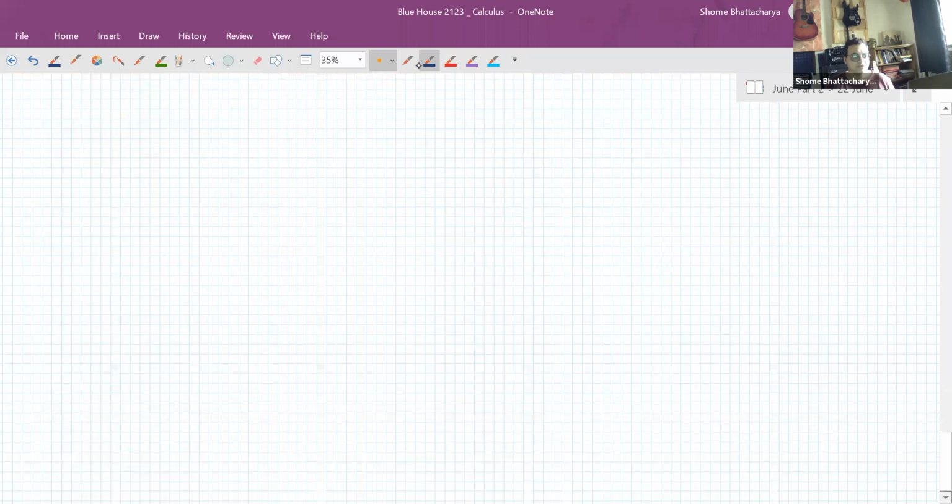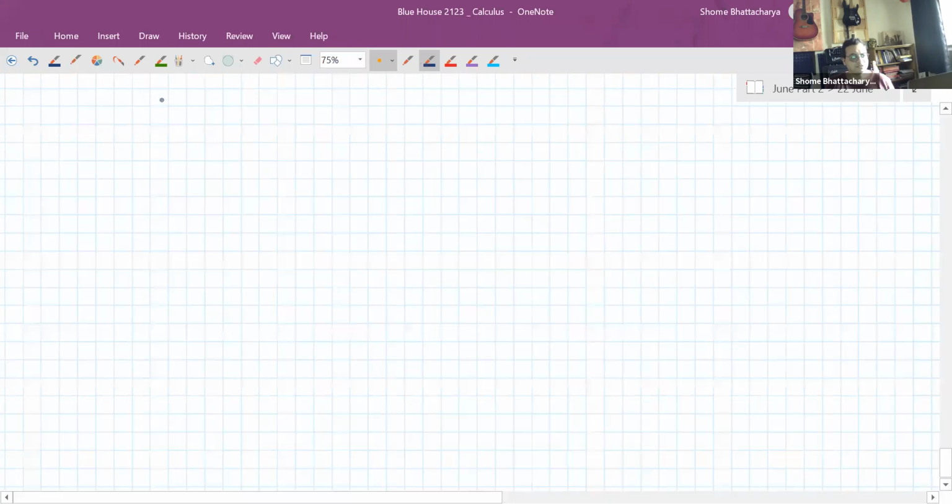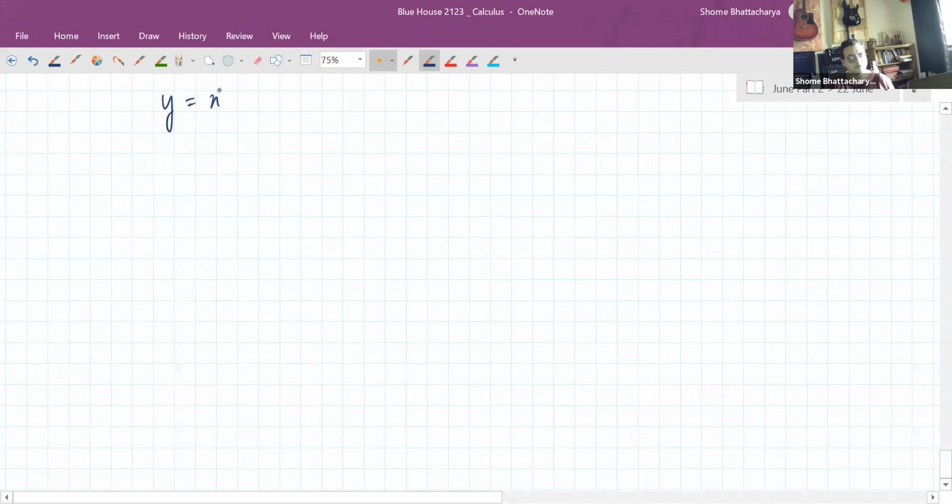Now, let's actually analyze why this happens in this function. If you observe one thing very interesting here, this function is what we call an even function. An even function means that the powers of x are only even.